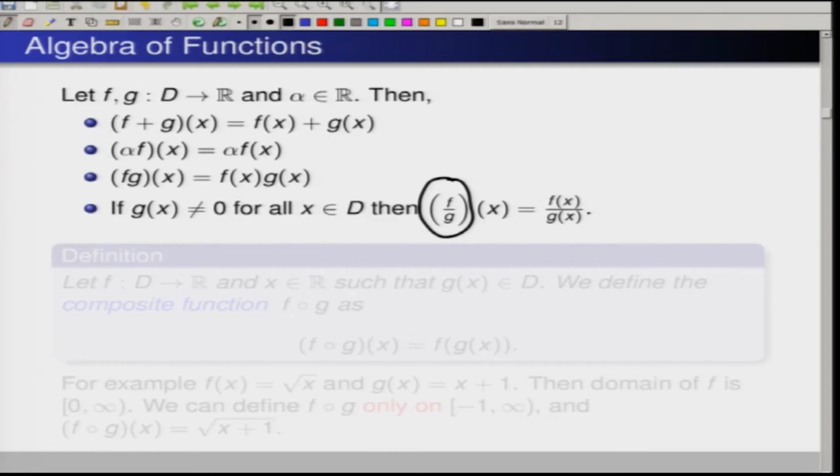Now, for each x in D, g of x is not equal to 0. So, I can talk of f of x by g of x, because both are now real numbers and the denominator g of x is a non-zero real number. So, this is how we can have a prescription of division.